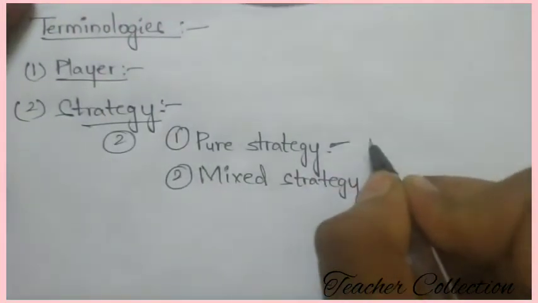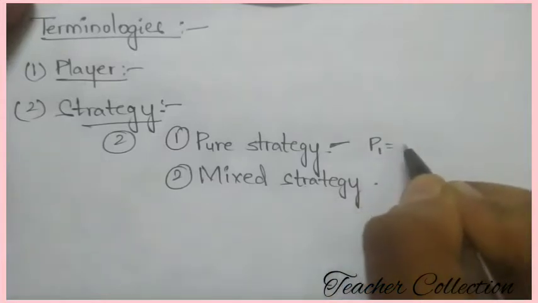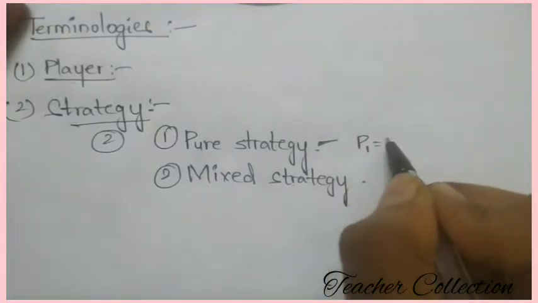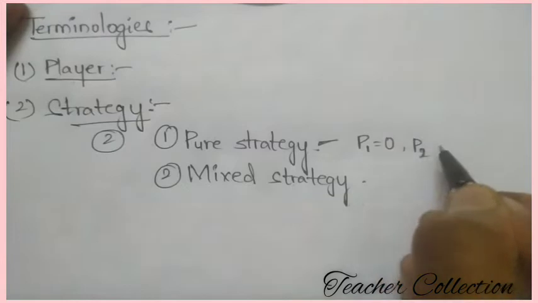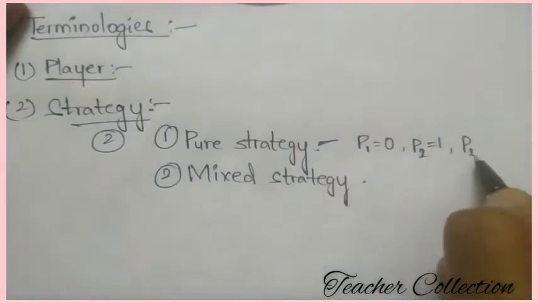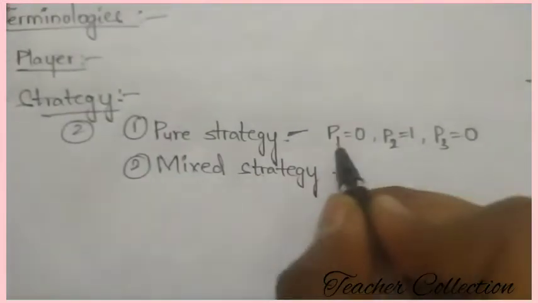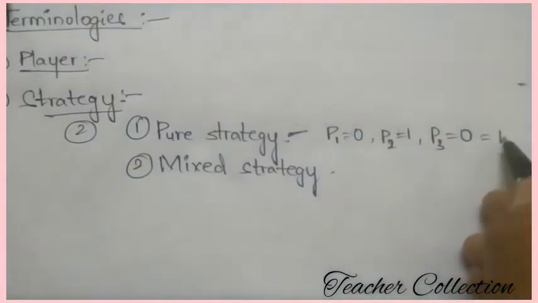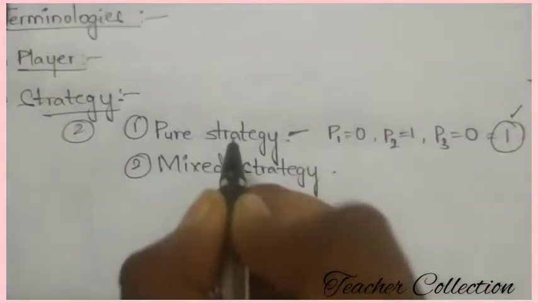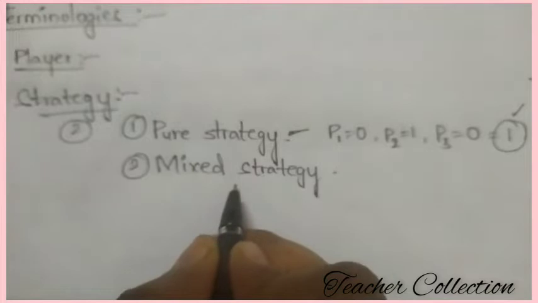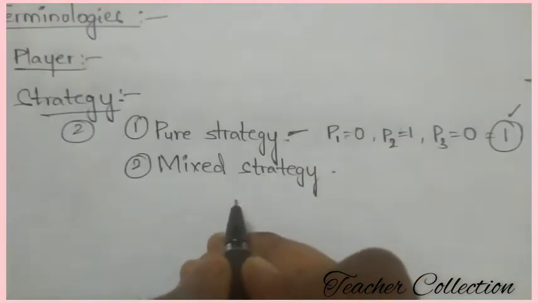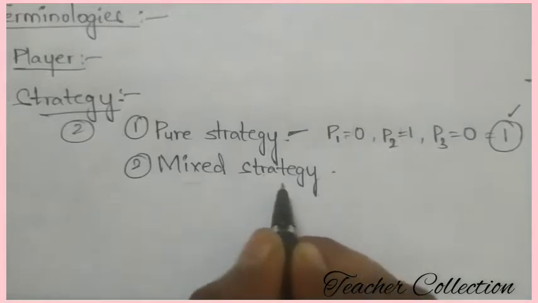For example, probability of player A is 1 and 0, and by adding this total, we will get 1. So this is a pure strategy. Now mixed strategy. If a player follows more than one strategy, then it is known as mixed strategy.